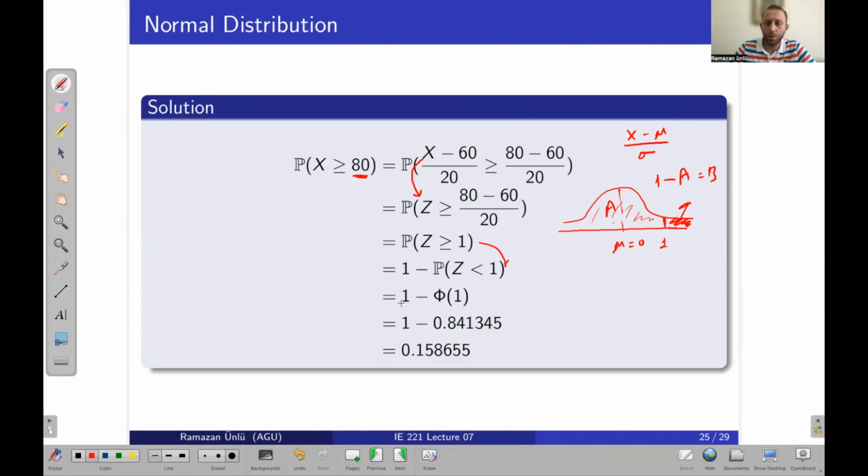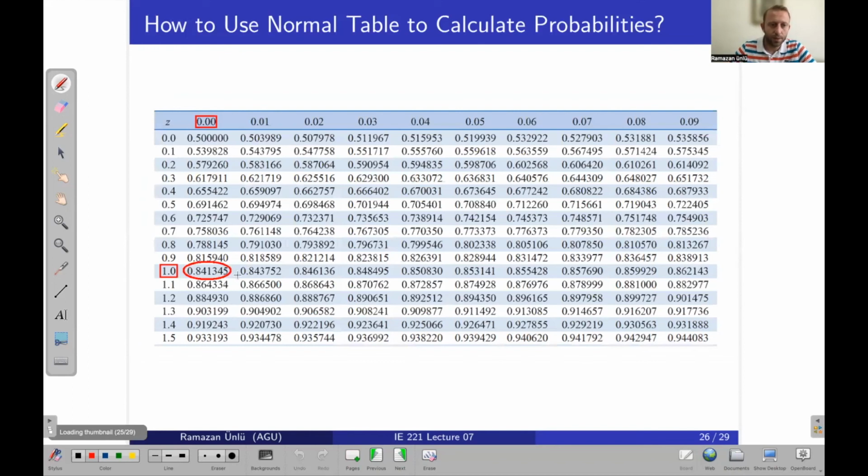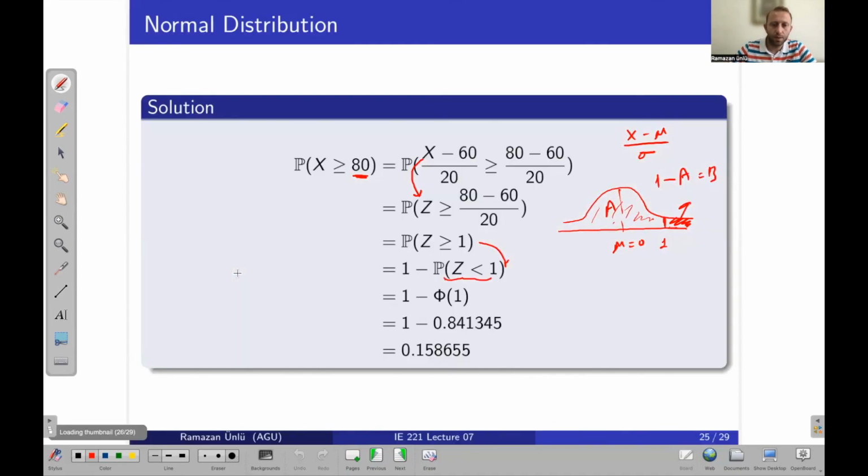What I'm going to look up is phi of 1, so let's look at the phi 1 value in the table. This is 1 and this is 0, and the corresponding area, the probability, is 0.84 something. So 1 minus phi of 1 is equal to 0.15 something.